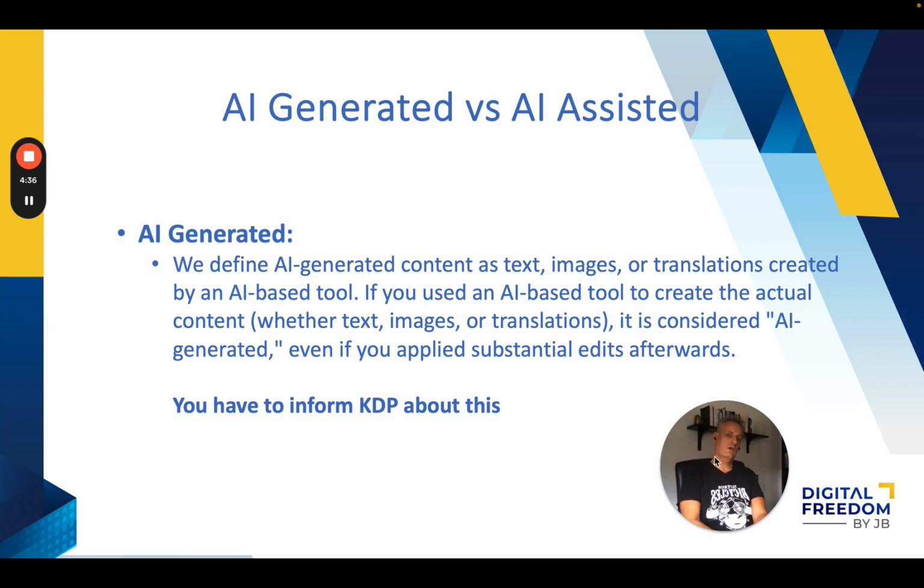So, in my own words, I would define this as: if the first version, for example, of a paragraph or of a chapter or your whole book, is generated by a tool like ChatGPT, Jasper AI, or other AI tools, and then you're going to edit. It doesn't matter if you edit a little bit or you rewrite or redraw the complete thing. If the first version is created by AI, then it's AI generated. And then you always have to inform KDP about this. Can you still publish this? Yes, you can, but you have to inform KDP about it.